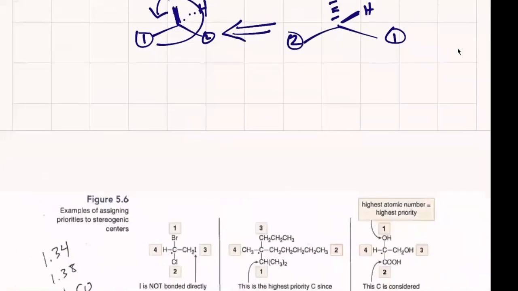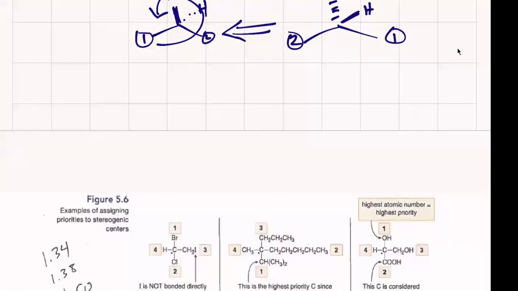Dr. Russell, when you say out, you mean horizontal, right? No, don't confuse this with a Fisher projection. A Fisher projection has horizontal and vertical. We just haven't done one yet, but it's a good place to do one.